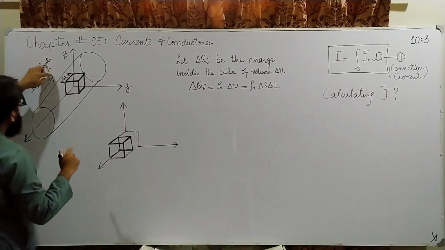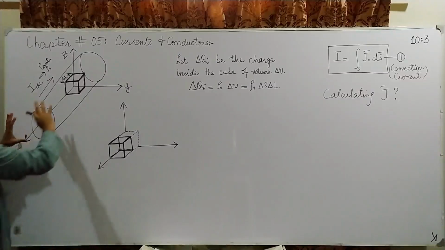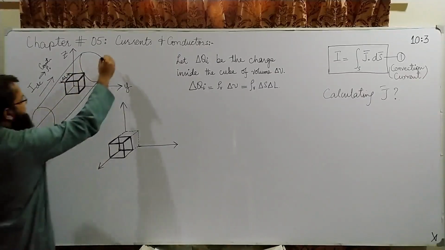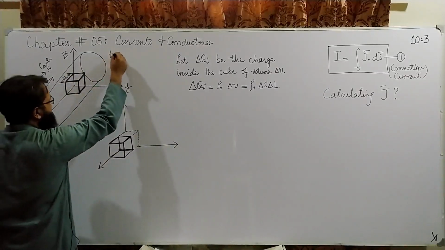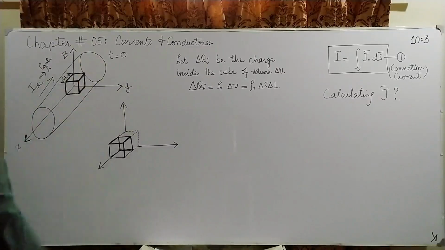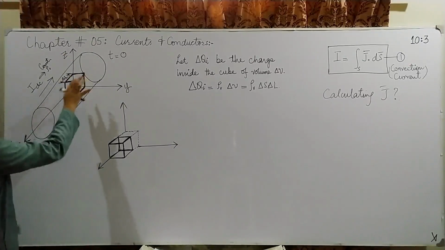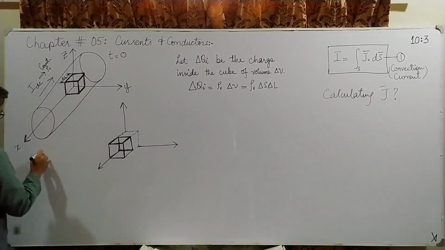What do I mean by constant rho v? By constant rho v, I mean that I'm showing you this picture at a particular time, let's say t equals 0, when we started to observe this whole scenario. And at t equals 0, I've considered this differential, this incremental box of volume.